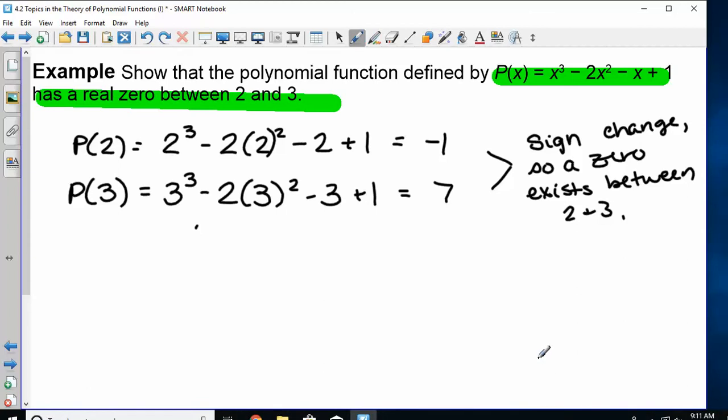Now, if I wanted to find that number, we could use our graphing calculator to help us. So we are going to graph this function.